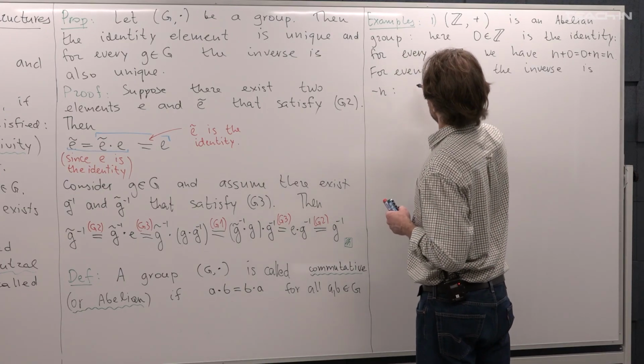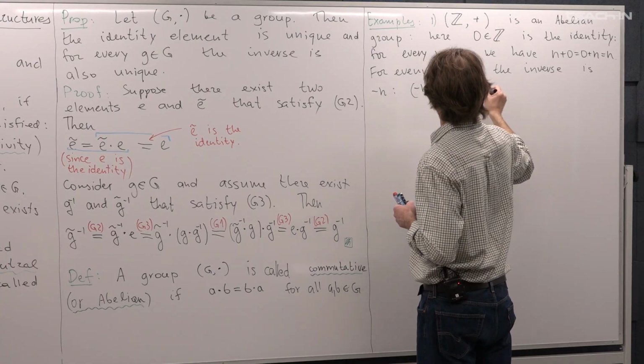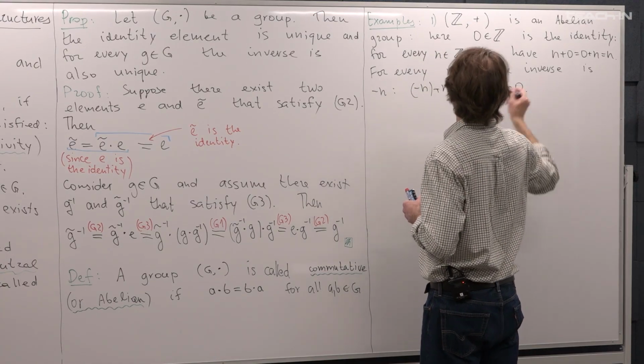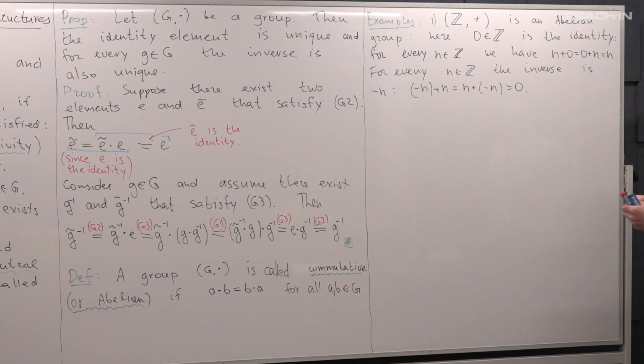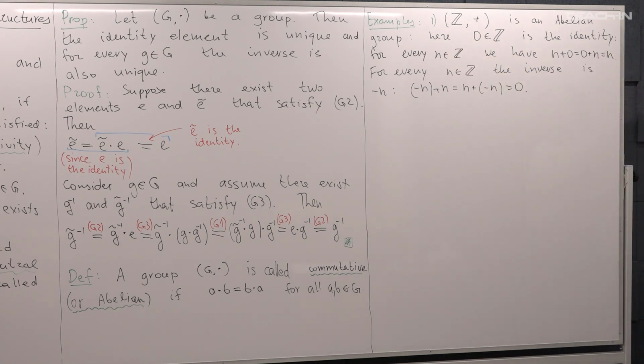So indeed we have minus n plus n equals n plus minus n equals 0. So this is what we get here. Okay, that's why the set of integer numbers is a group with respect to addition.